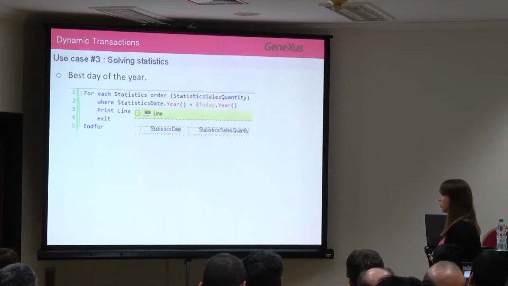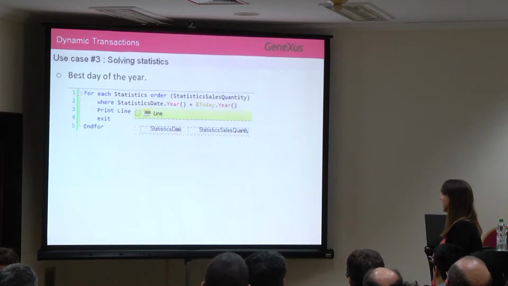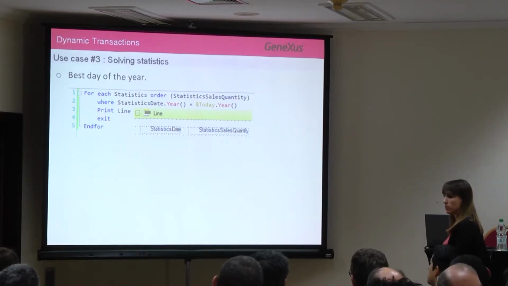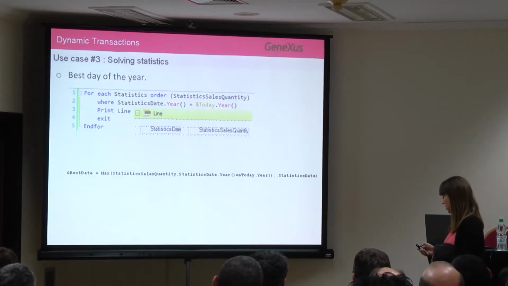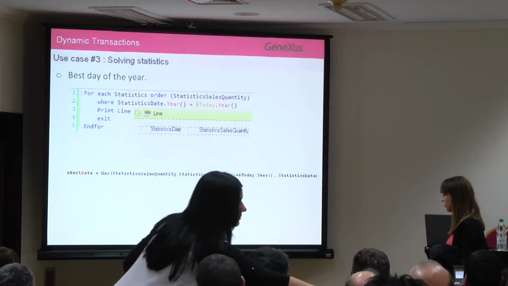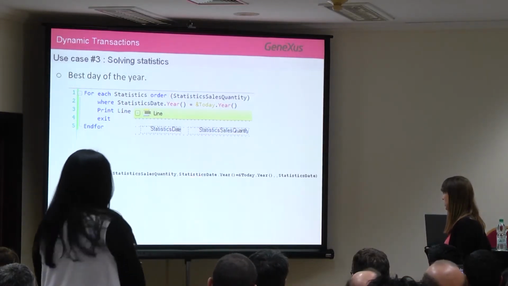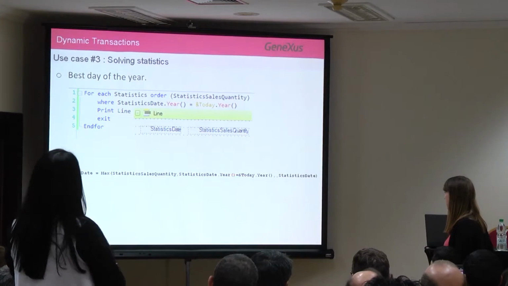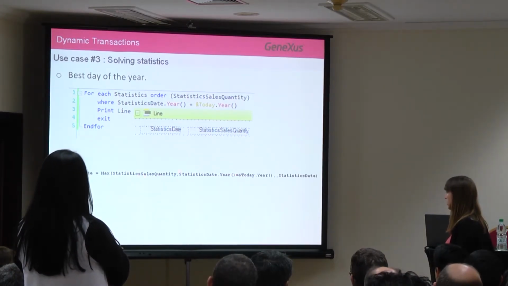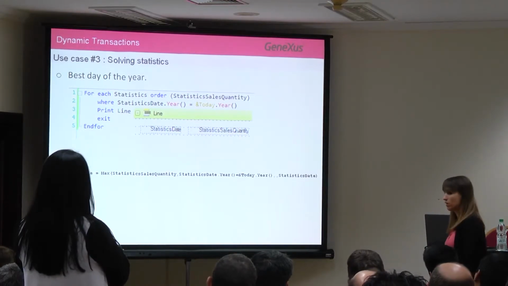I'm doing it in a descending pattern by quantity, and what I'm filtering is that the year is the same as we have now. I take the first register, exit, and print. Or I could also write out a formula which has a date, and what I'm trying to find is a statistics, provided the year coincides with this year, and I maximize it by quantity and I return the date.